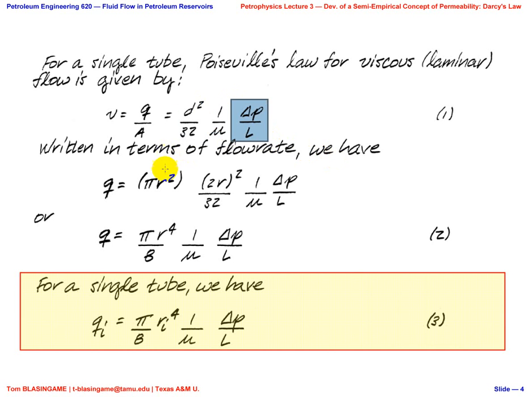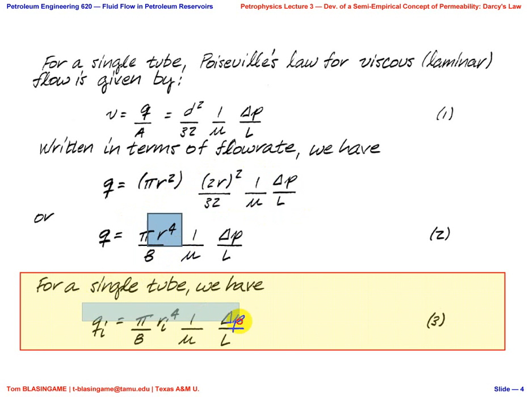We're going to multiply through by the cross-sectional area, pi r squared, and then we have 2r squared, which is the diameter, of course, and then we have 32, which is just hanging around. So we get a 4 from this, 32 from that, and then we have r squared multiplied by r squared. We have a pi. So things get a little weird. We have a viscosity. We have a gradient. So we end up with pi over 8 r to the 4th.